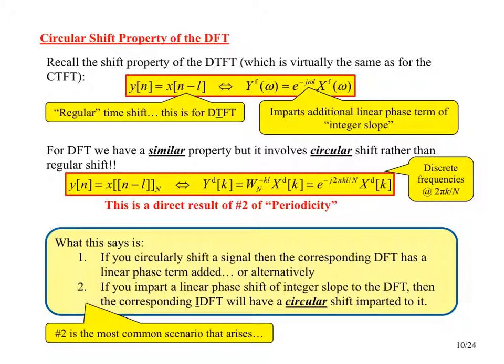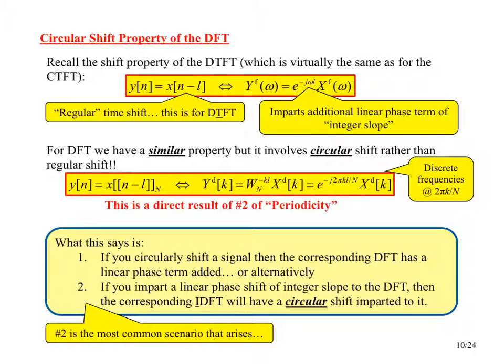Okay, on this slide we're going to talk about the circular shift property of the DFT itself. This comes from the shift property of the DTFT, the same kind of idea that we had for the DTFT.